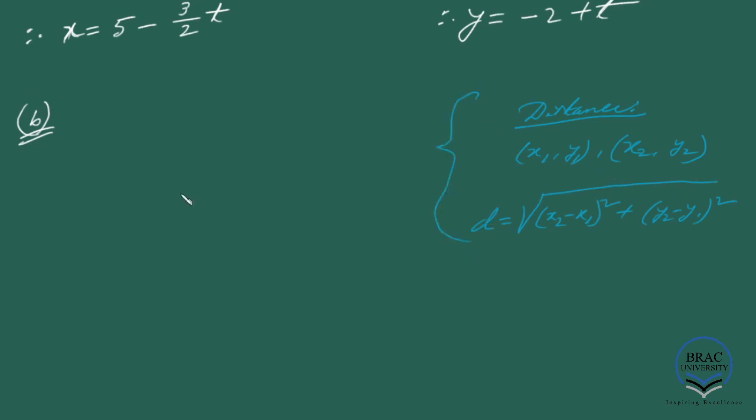Alright, so now we'd like to find out the distance between Rupam's current location and the origin. So to do that, I would write distance is equal to the square root of Rupam's x minus 0, because the x coordinate of the origin is 0, squared, plus y minus 0, where y is Rupam's y coordinate and the y coordinate of the origin is 0, squared.